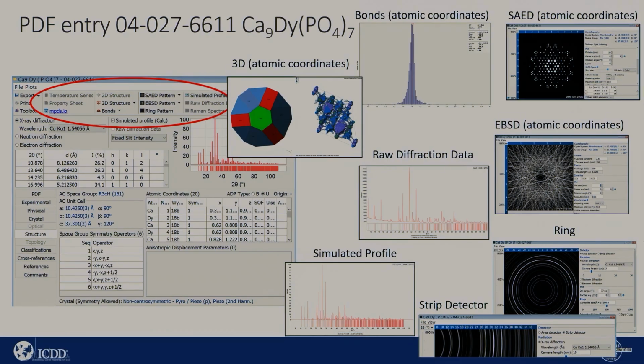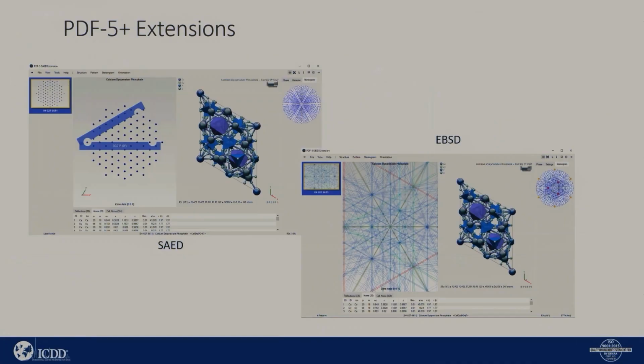With the structure, for those phases that have the crystal structure, you can look at the 3D structure. You can look at the polyhedral view of it there. You can look at the bond distribution, and you can look at the selected area, backscatter diffraction patterns, ring patterns, whether you're using a full 2D detector or even a strip detector, you can simulate the powder pattern.